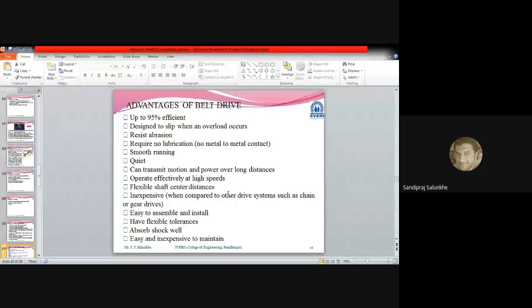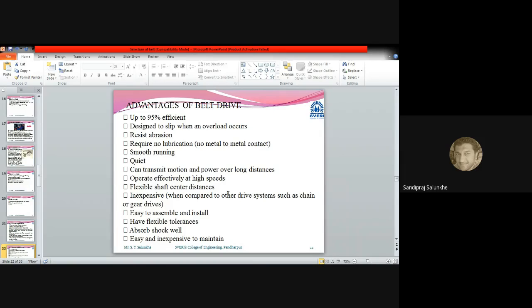And the second disadvantage is that it is designed to slip when overload occurs. What does it mean? Actually, we have written this statement for the advantages also. While explaining that statement in the advantages, we give the cost benefit: the rest of the equipment or all the parts of the machinery which may break because of the overload, and which are costlier, get saved because of the slip.